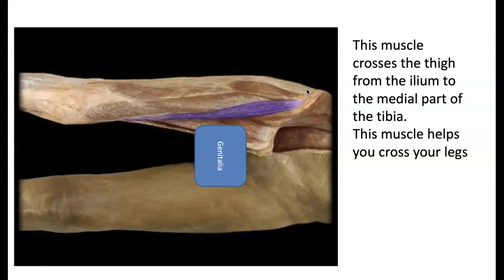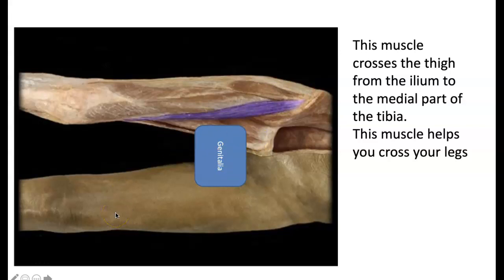This is the muscle that helps you to cross your legs. So the story goes that a tailor who used to sit and sew many things would sit there with his leg crossed and sew things, and so this muscle became known as sartorius.